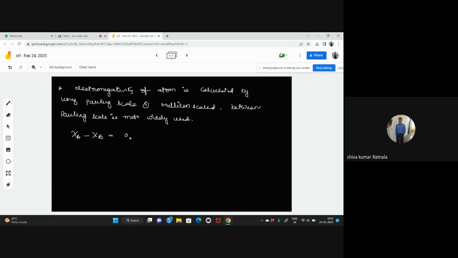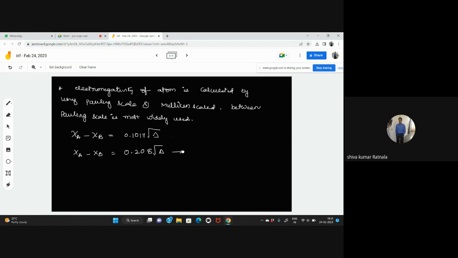chi A minus chi B is 0.1017 into under root over delta. What I will tell you is what delta is. Chi A minus chi B is 0.208 into under root over delta.